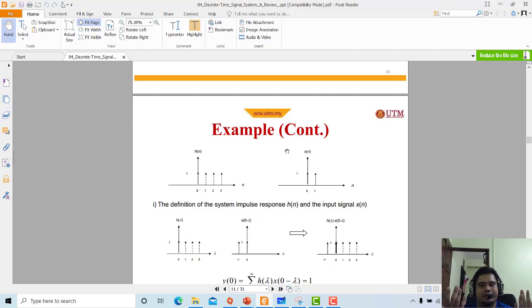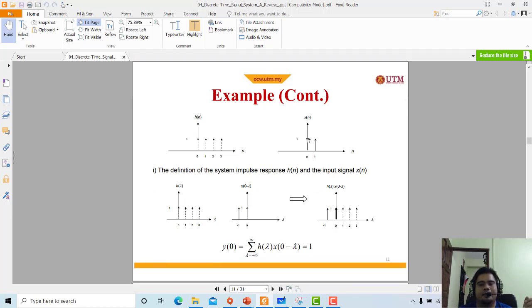Either you flip x[n] or you flip h[n]. Because x[n] in this example is very simple, you choose this one to be flipped, so you put x[n] after h[n] in order to do the convolution.